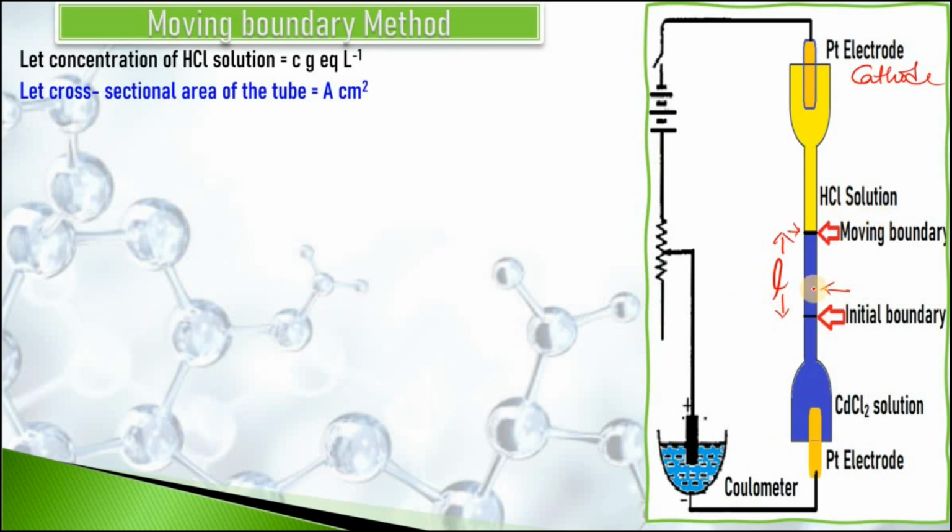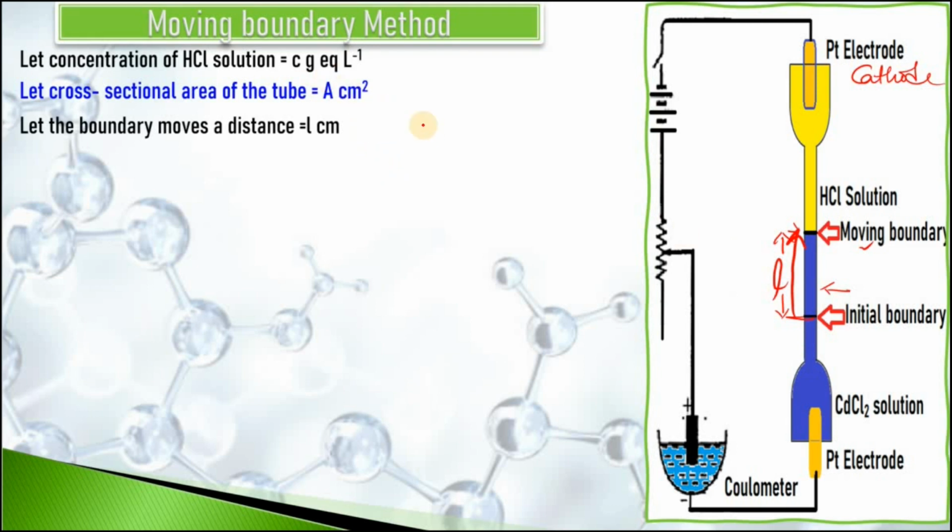Movement of the boundary to a distance of L centimeter means the HCl solution has moved upward to this distance. So when the boundary moves a distance equal to L centimeter, we can find the volume of HCl solution which has moved upward.